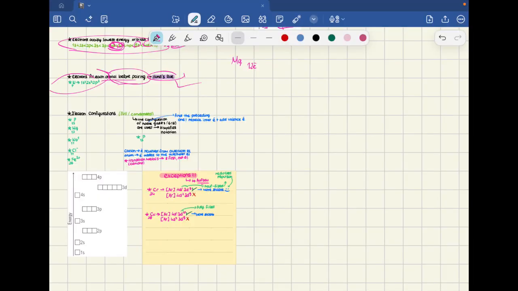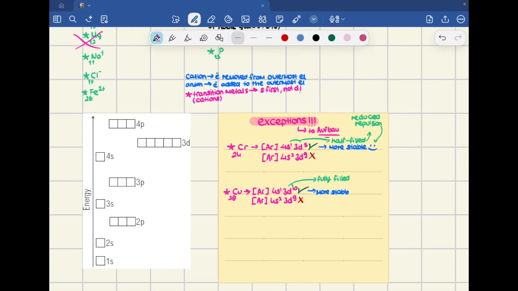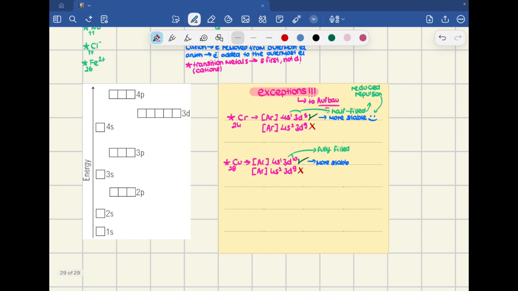Okay, so now let's do a few examples of electron configurations. Maybe I could do, as I already did magnesium, phosphorus. So let's draw its electron configuration.